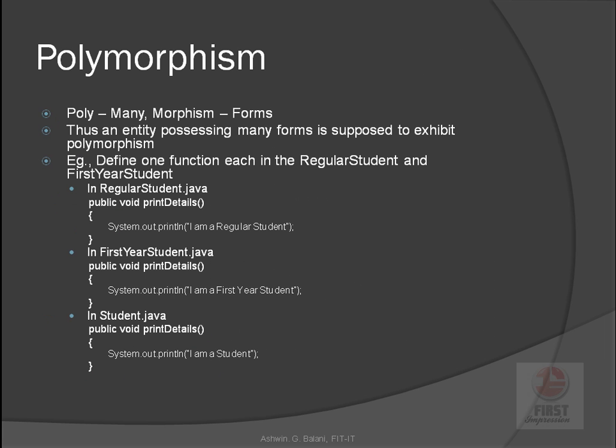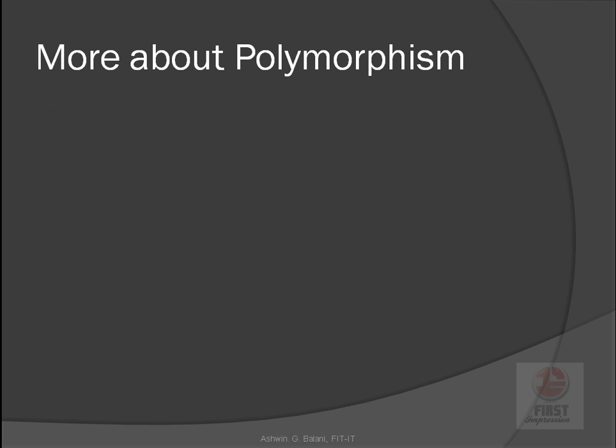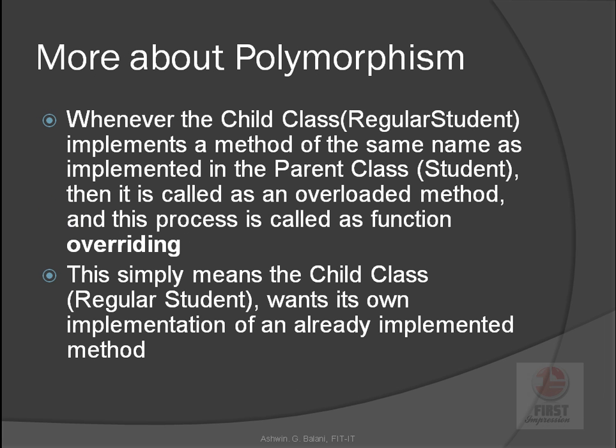In this case, RegularStudent contains the method printDetails, FirstYearStudent contains the method printDetails, and Student contains the method printDetails. So FirstYearStudent is the child class of the Student class, and it is implementing a method printDetails with the same name. This is called function overriding. This simply means that the child class wants its own implementation of an already implemented method. So this is how polymorphism goes.